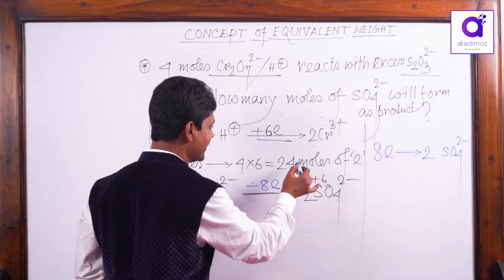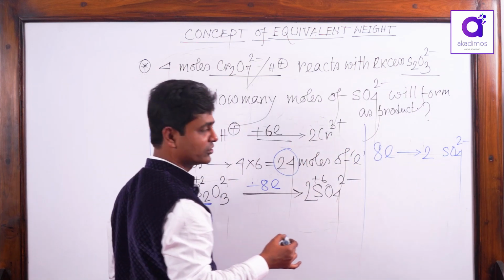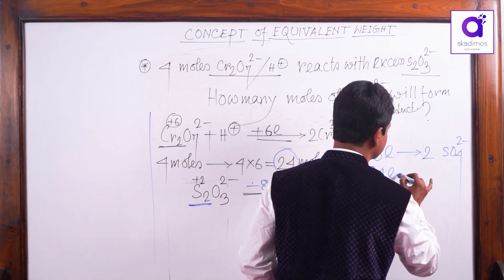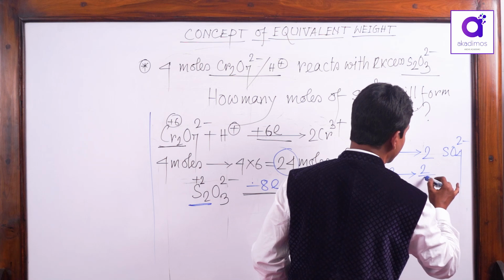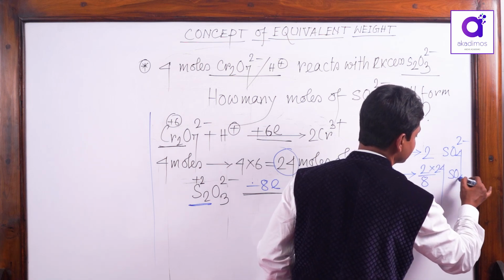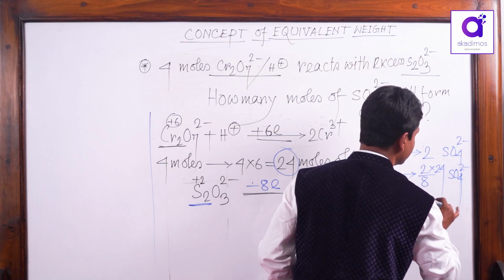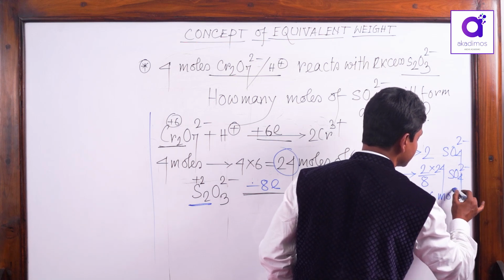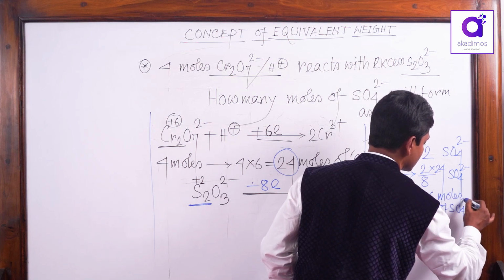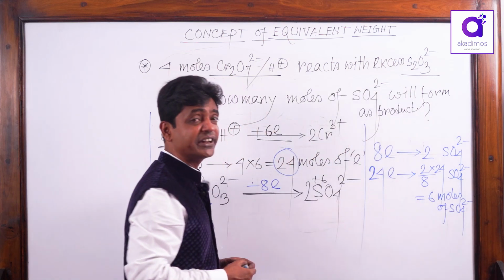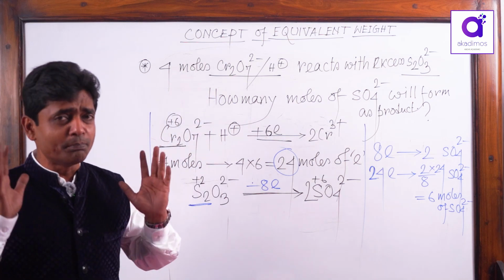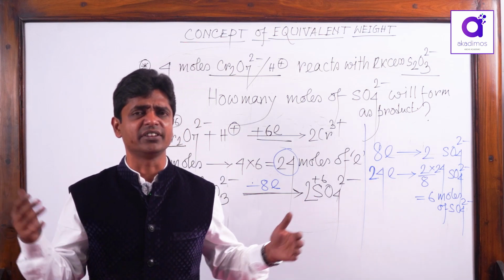And in your hand there are 24 moles of electrons. Then just cross multiplication: 24 moles of electrons will give 2 by 8 into 24 moles of sulfate. That means 6 moles of sulfate. Easily, by equating the number of moles of electron transfer, a complicated problem we can simplify.